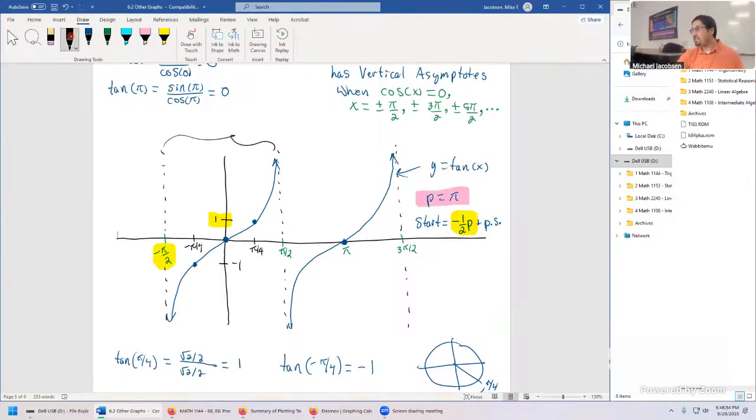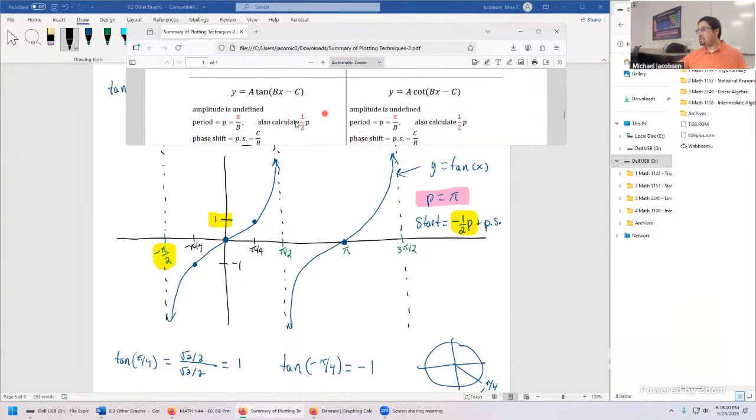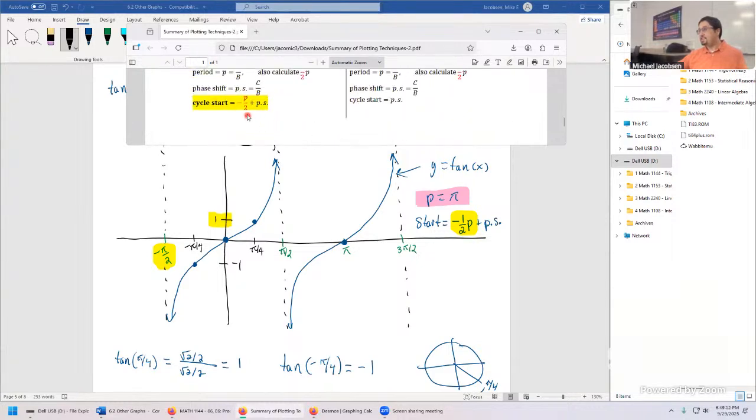The period is pi, the distance here to here. Then pi over 2 is half the period, and that's where we started, right at negative pi over 2. So that's why we see here on the plotting technique summary, we start at negative pi over 2, whatever the period might happen to be, then add the phase shift.